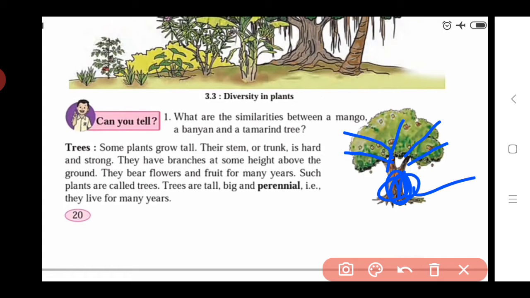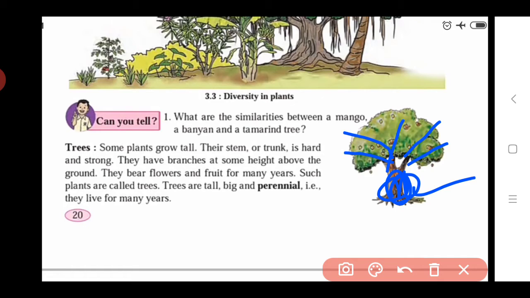Such big plants, such trees, which have a strong trunk and large branches growing on the upper part of this trunk. Such branches bear flowers and fruits for many years. So these trees survive for many years, and every year they bear flowers and various types of fruits. Such plants are called trees.